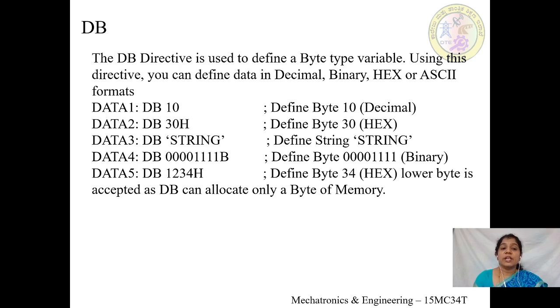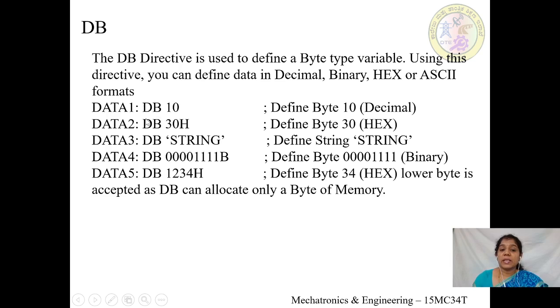Next is the define byte directive. The define byte directive is used to define a byte type variable. Using this directive, you can define data in decimal, binary, hexadecimal, or ASCII formats. Here, DATA1 is the memory location, that is, a label.